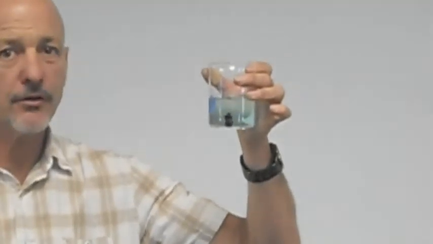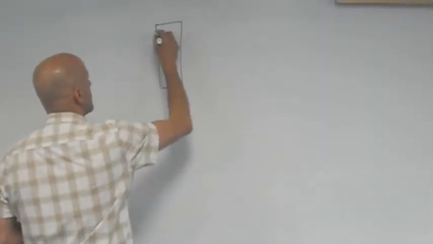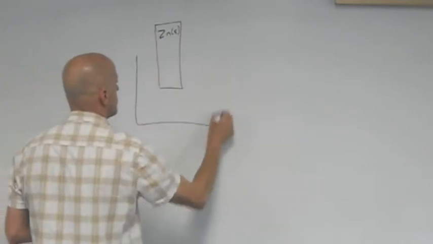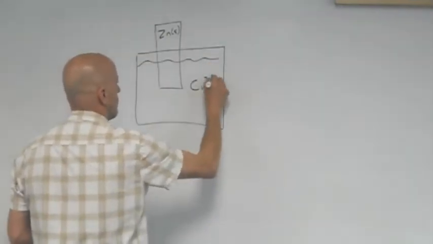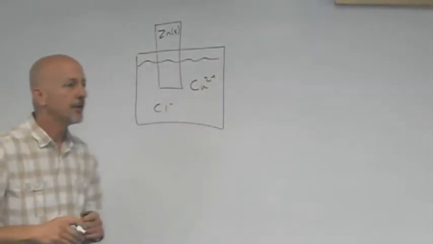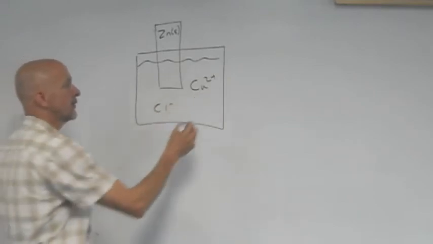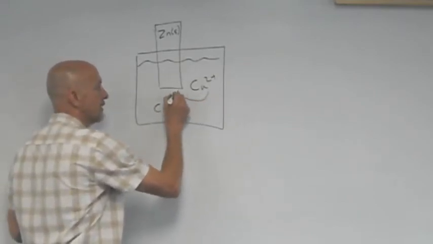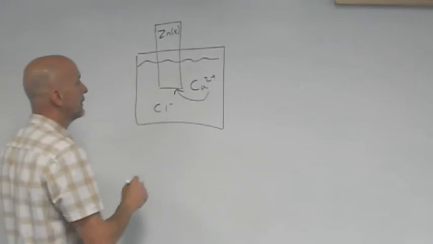So let's draw a particle model of this reaction. What's happening in the beaker is the copper ions from solution are coming in here and forming copper metal.